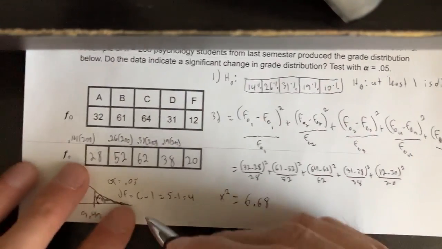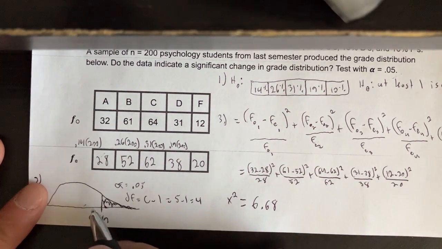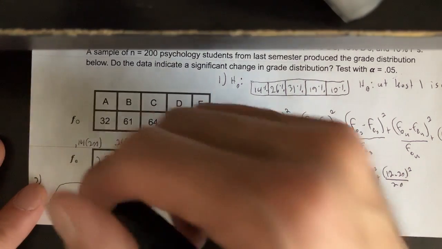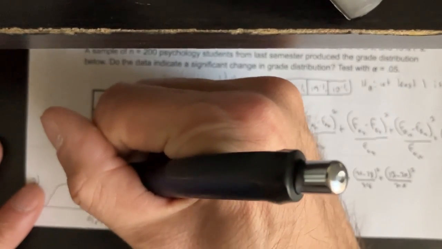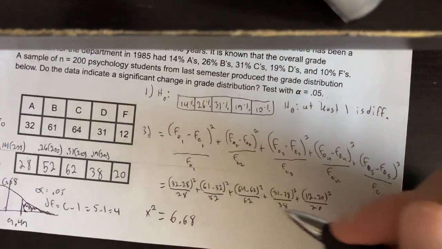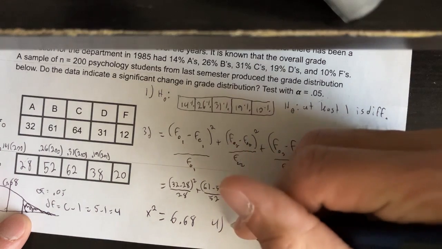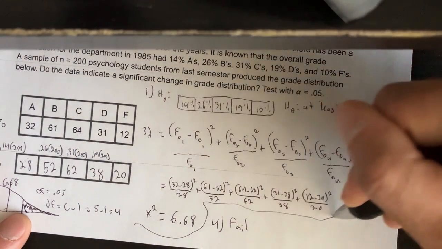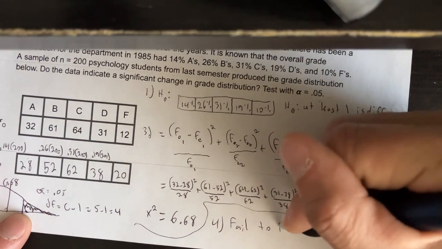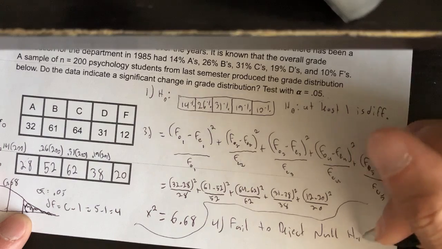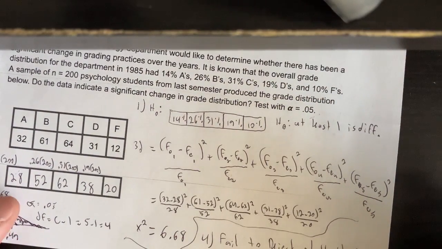6.68 is our chi-square statistic. You can see here that we don't actually land in the rejection region. Our number is not greater than 9.49. We're probably over here somewhere, 6.68. So in this situation, we would fail to reject the null hypothesis.